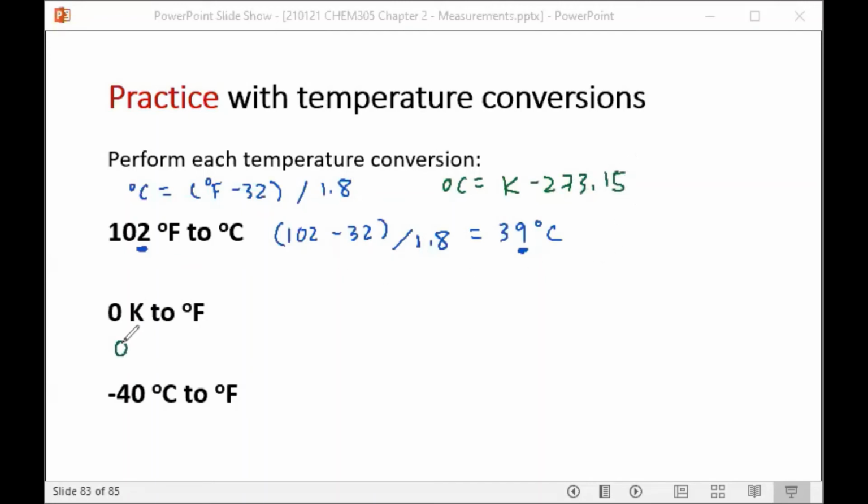So we're going to take our 0 Kelvin minus 273.15 equals negative 273.15 degrees Celsius.